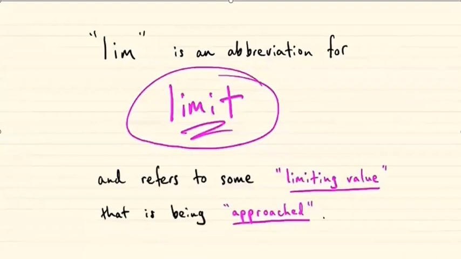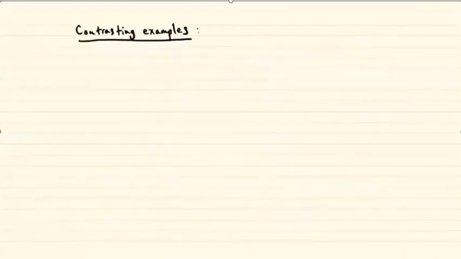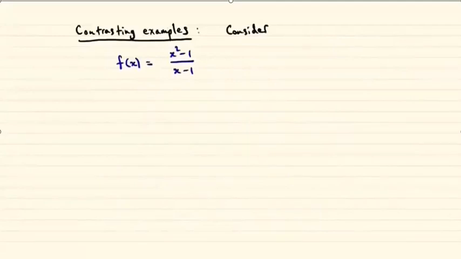Let's discuss two similar but contrasting examples. f(x) equals (x squared minus 1) divided by (x minus 1), and g(x) equals (x squared minus 2) divided by (x minus 1).